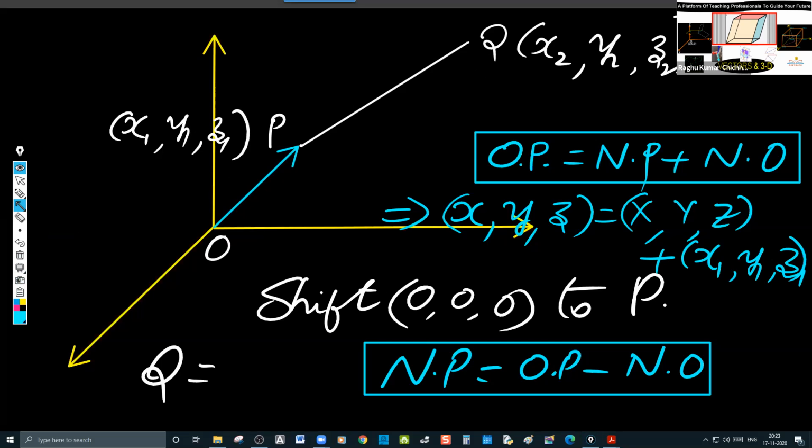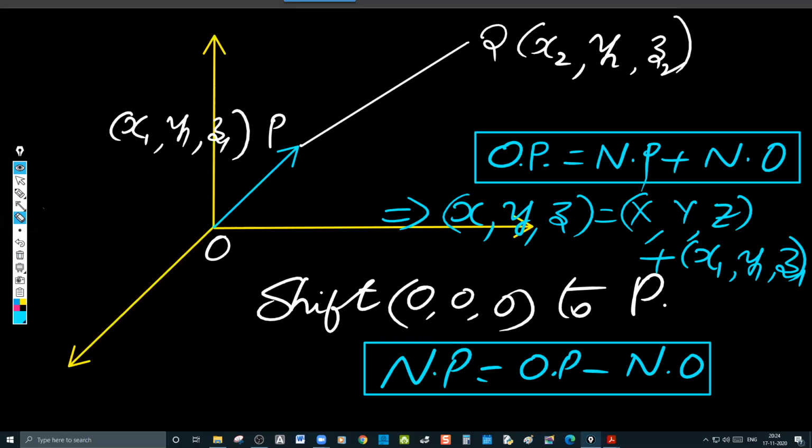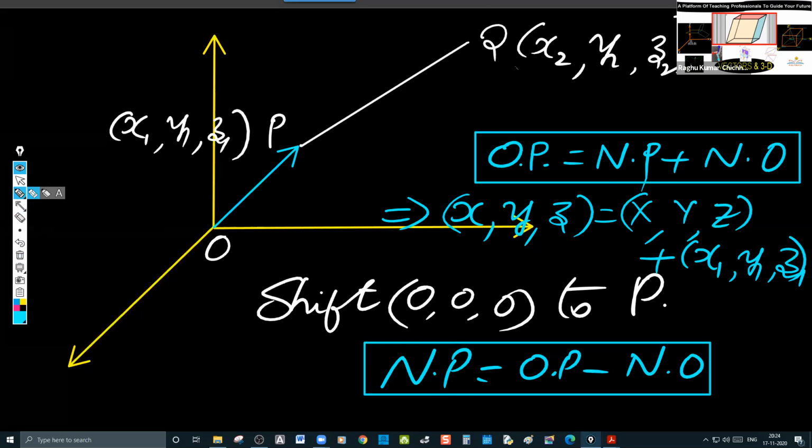Q now becomes Q minus P. Original point minus new origin. New origin is X1, Y1, Z1. Then what will be Q? Simply the subtraction of these two, that is X2 minus X1.